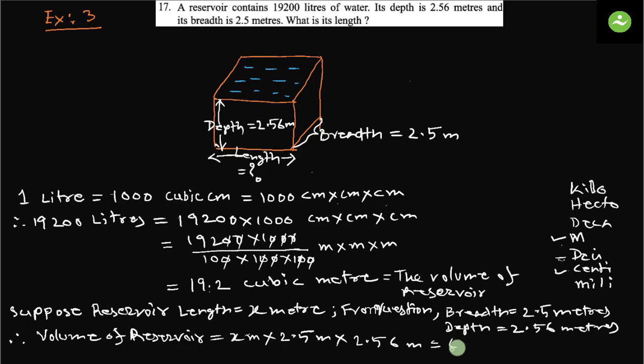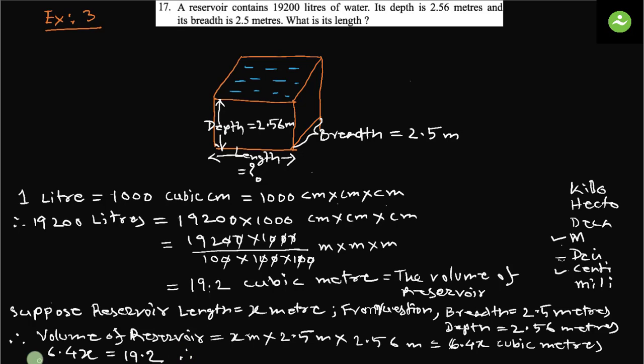So we can write 6.4x cubic meter. Now we already found the volume of the reservoir is 19.2 cubic meter. So can we write 6.4x equals 19.2? Yes.